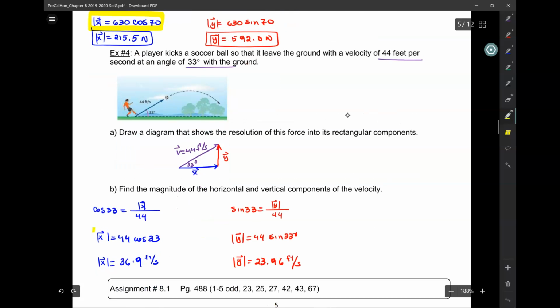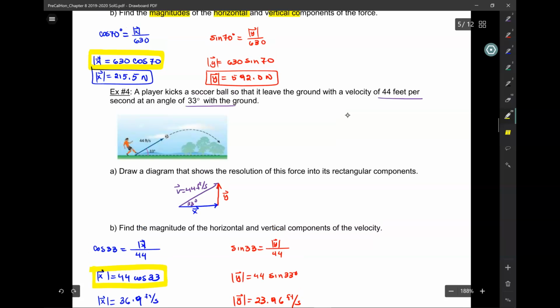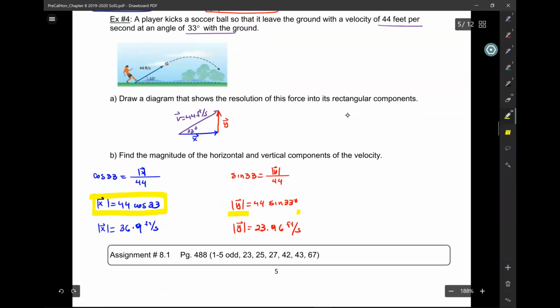What was it here? The vector times the cosine of the angle. Hey, that must be a trend or something. What did we get for the y component here? The vector times the sine of the angle. And what did we get here for the y? The vector times the sine of the angle. Hey, that must be something.